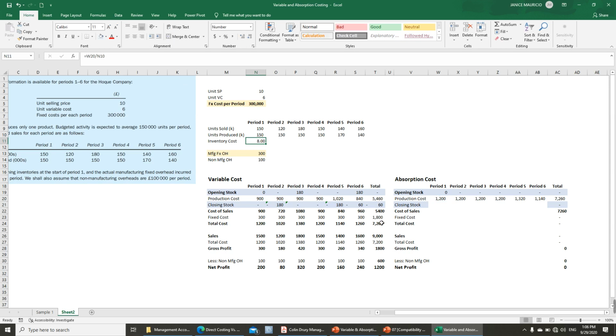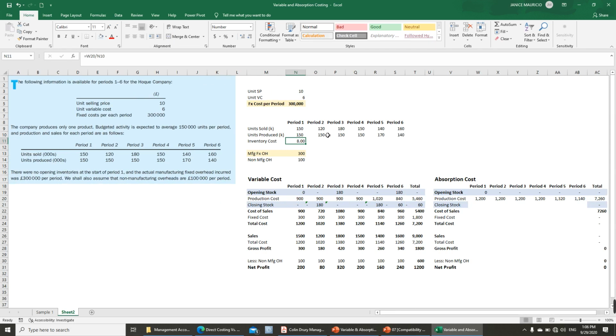So, if we look at period 1, the unit inventory cost is 8 GBP. 6 GBP of which pertains to unit variable cost, and the difference between the two is the unit fixed cost. Let's copy the formula.